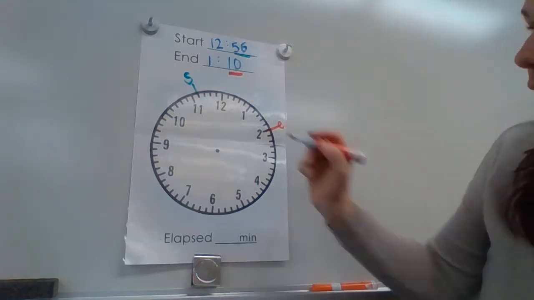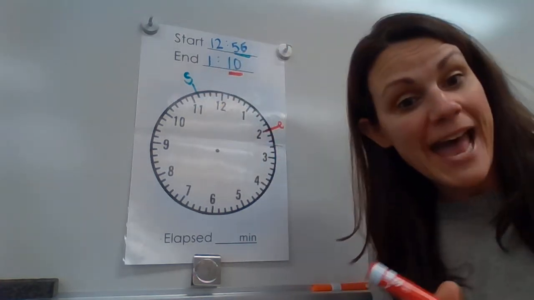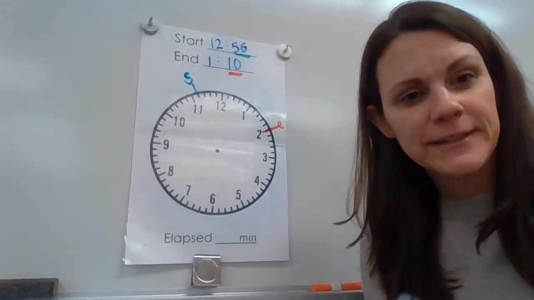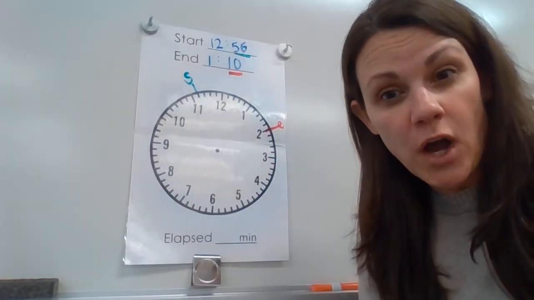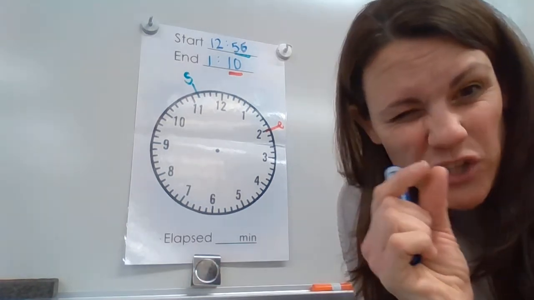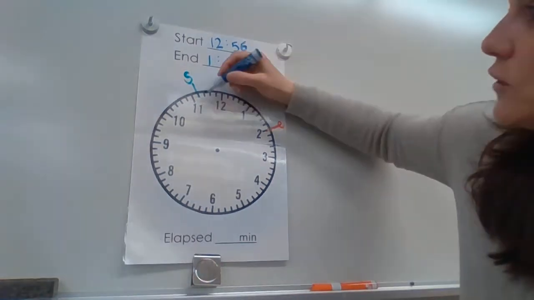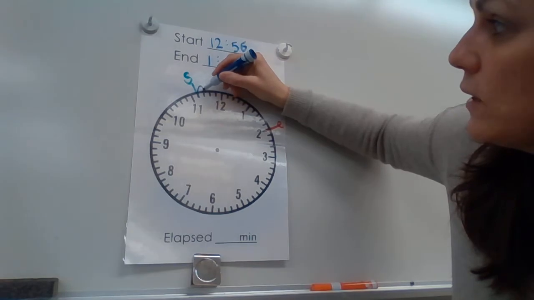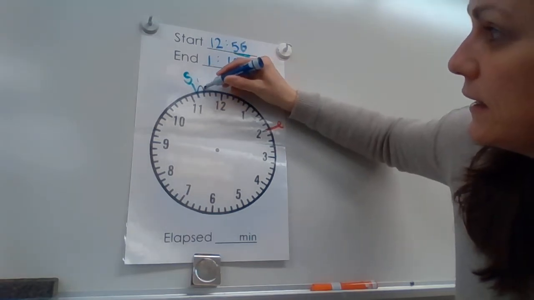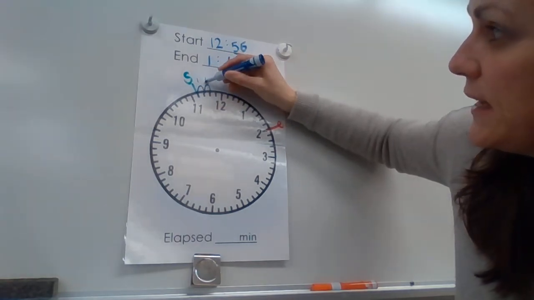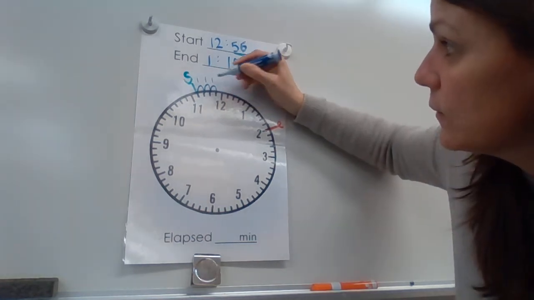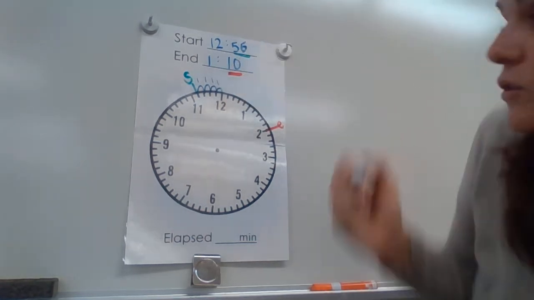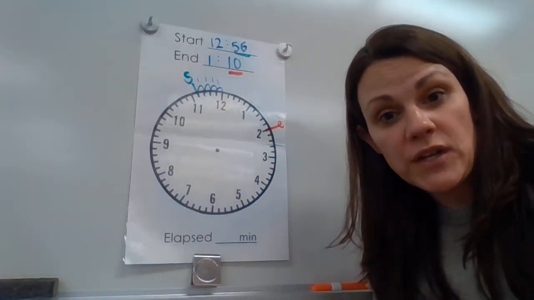Start time, end time. We're going to figure out how much time has passed. Okay, because we are not starting on our big number, we've got to do little jumps first. So we go from here to here, 1 minute. I'm just going to mark our minutes here at the beginning as 1 minute. 1, 1, 1. So 4 little minutes there between a start time and a big number.